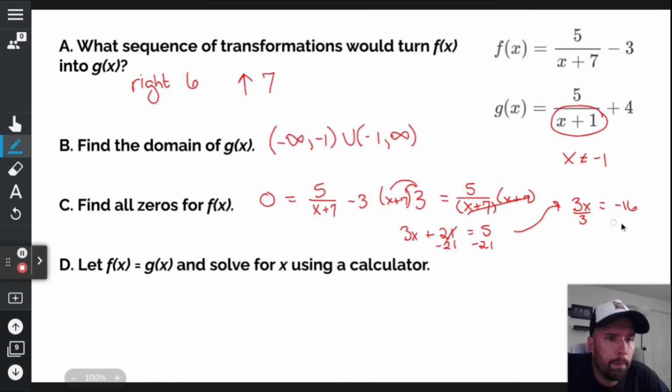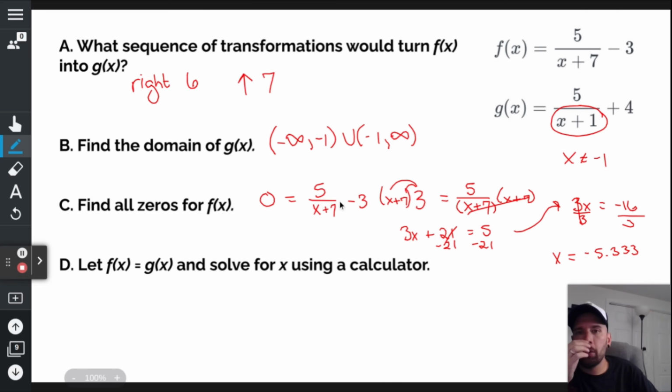Divide by 3. So -5 and 0.3 repeating, -5.3 repeating, or something like that. The other way to do this was to combine fractions and then set the numerator equal to 0. That would work. I think you'd end up with the same thing anyway.